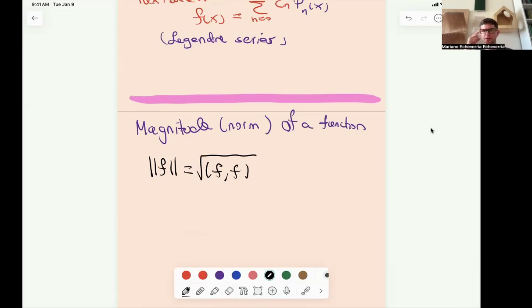This is a formula for the magnitude of a function, which if you want to write it in more direct terms, is the integral from -1 to 1 of f squared of x dx. Oh, sorry, and you need to take the square root of that.